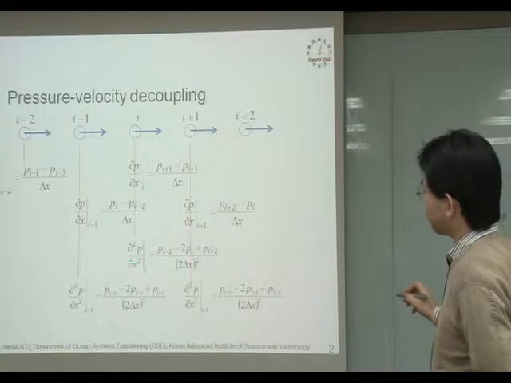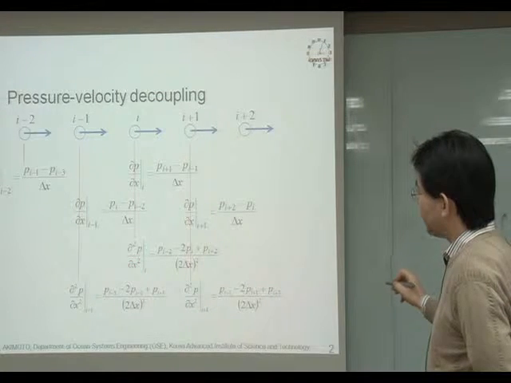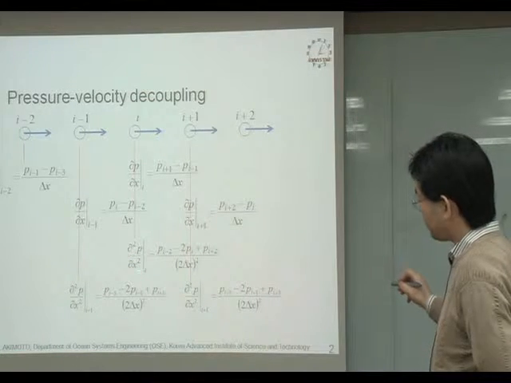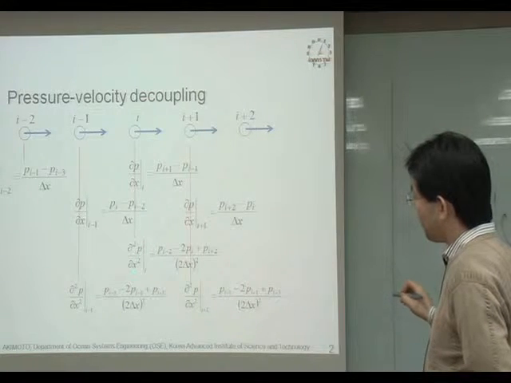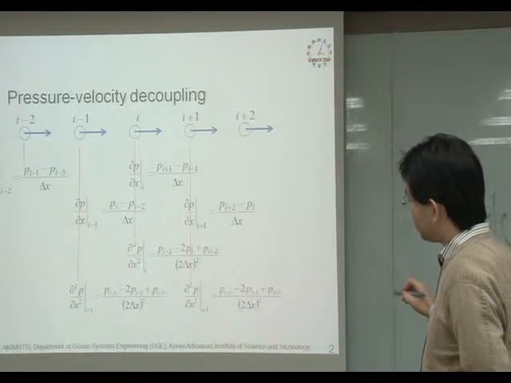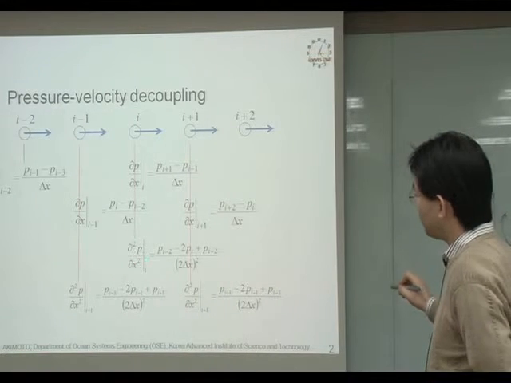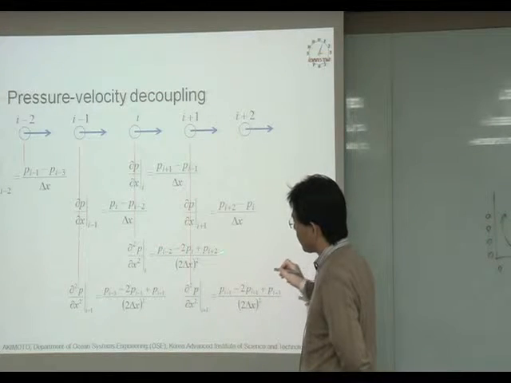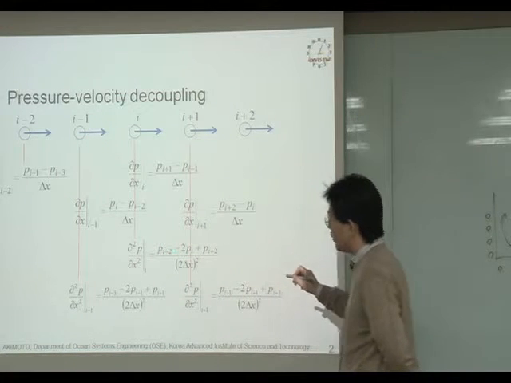However, in this discussion, the calculated pressure second derivative is a Poisson operator in the one-dimensional case. If it is two-dimensional, it is the Poisson operator of P. Anyway, the resultant form of the second derivative is like this.